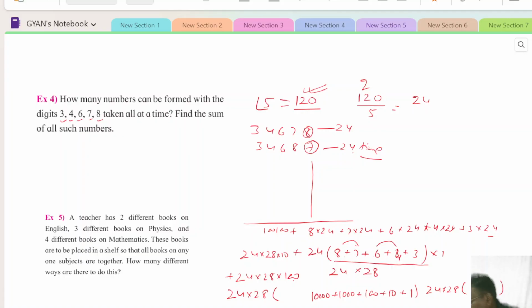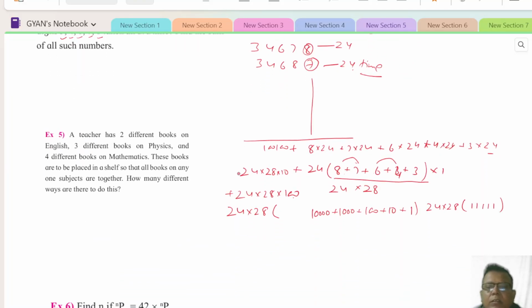So that will be the answer. If you calculate this, this will be 672 into 11111, and that will be equal to 7466592.